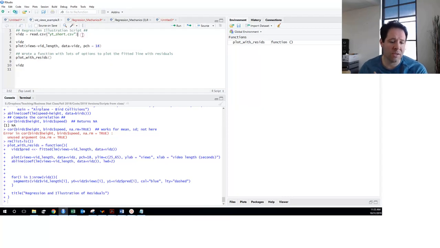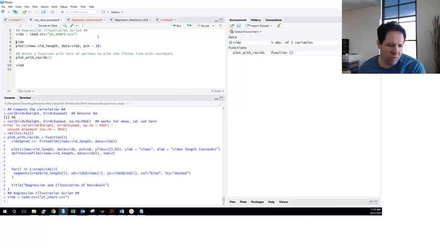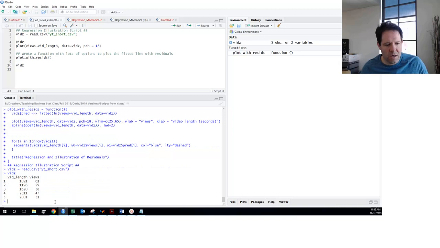Once you're in your active directory, it simply reads the data in. Good practice to take a look and see if the data actually read in. It worked like a charm here.